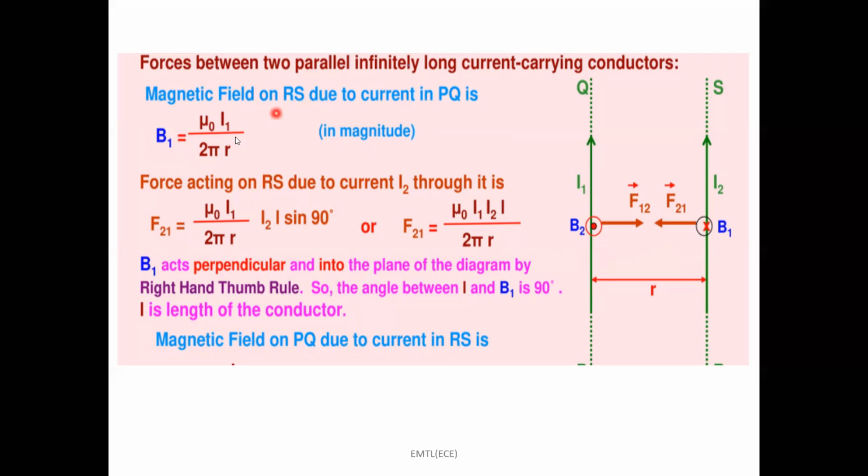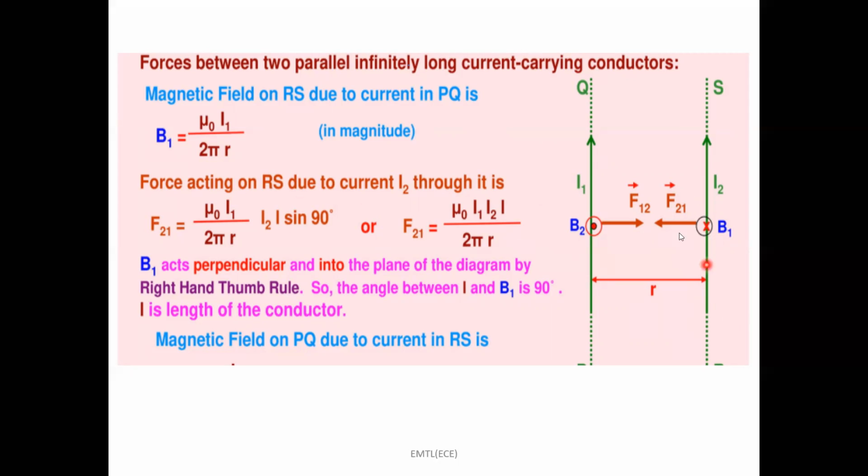So that's why we have to write the I1 value here, and R is the distance between the two, where we have to find the magnetic field to a line, that is small r.